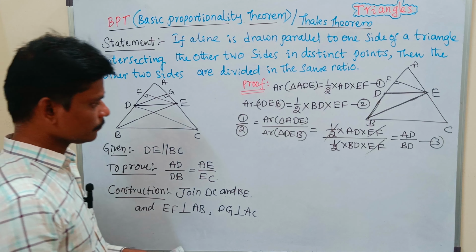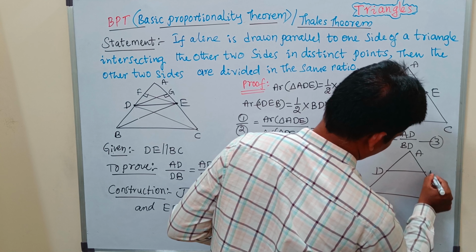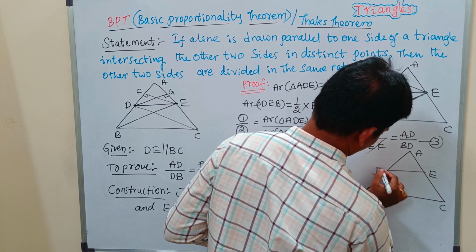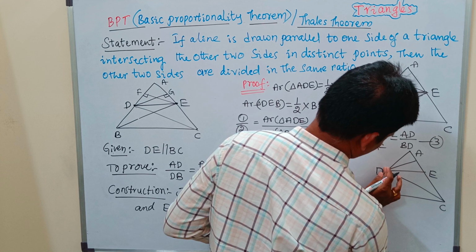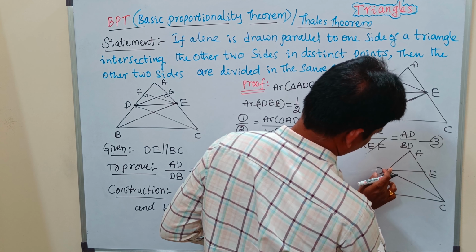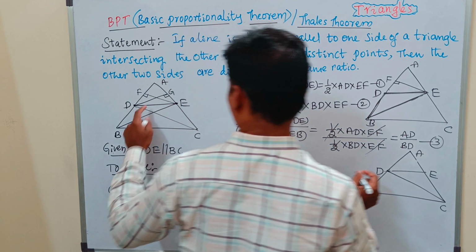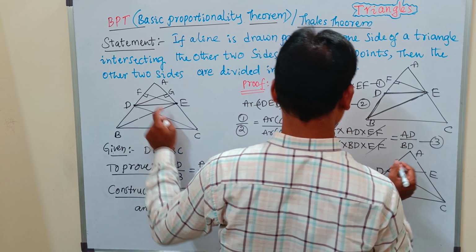So here take a triangle ABC. DE is parallel to BC. So here join BC and draw the perpendicular. See this perpendicular to DG, the perpendicular height.